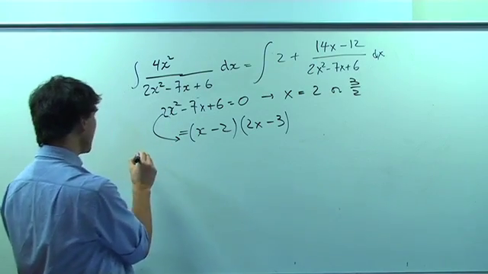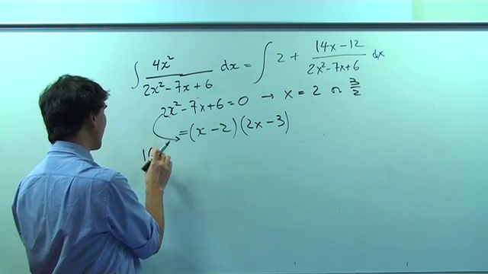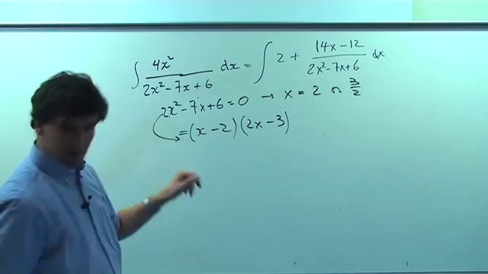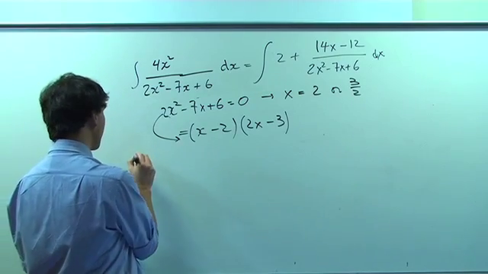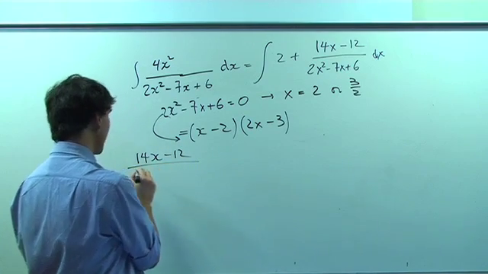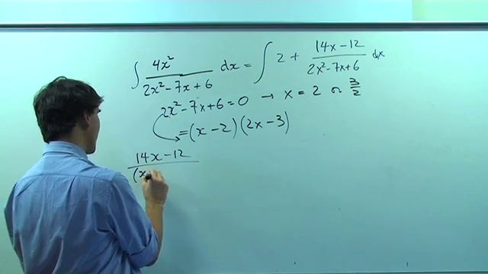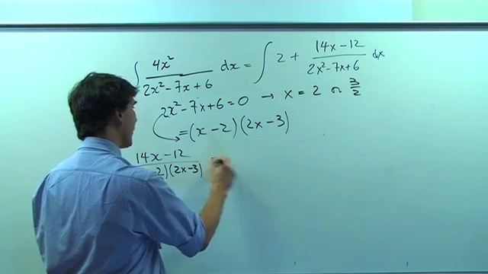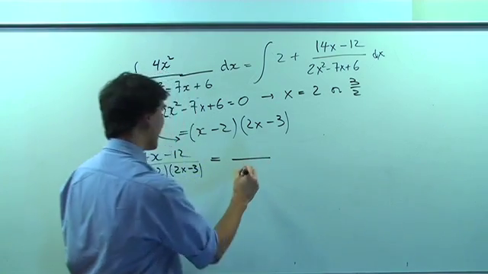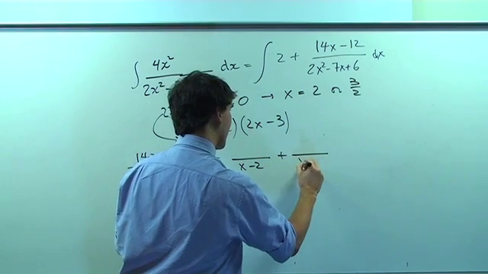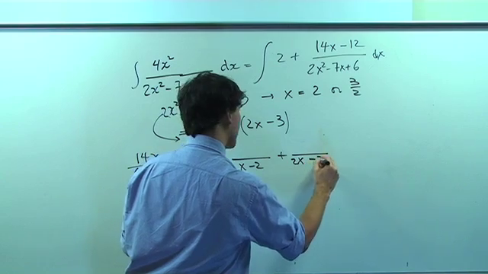And now what we need to do is try to write our 14x minus 12 divided by that denominator as a partial fraction. So we've got 14x minus 12 divided by a factor which we can now write as x minus 2 times 2x minus 3. And we're going to write that as something divided by x minus 2 plus something else divided by 2x minus 3.